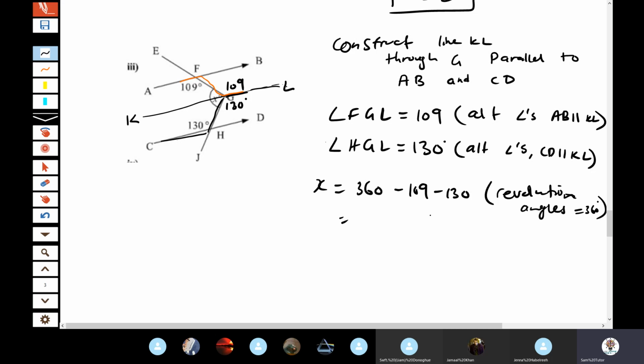Easy stuff. What's the answer to this? 249. No, sorry, 239. 121. Again, if I haven't done it wrong in my head, something like that.